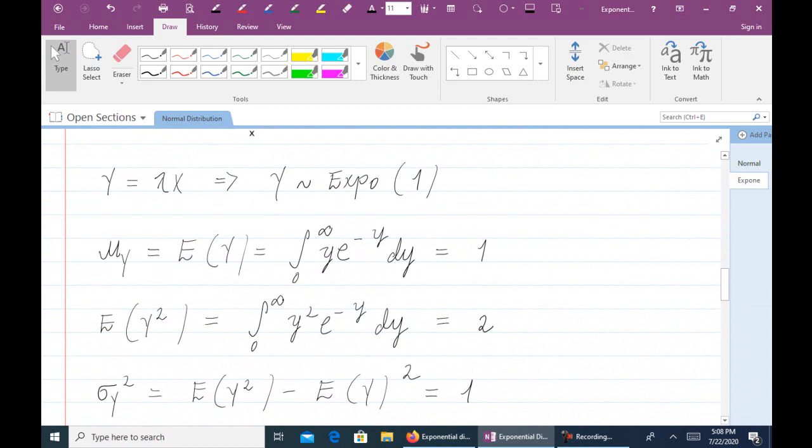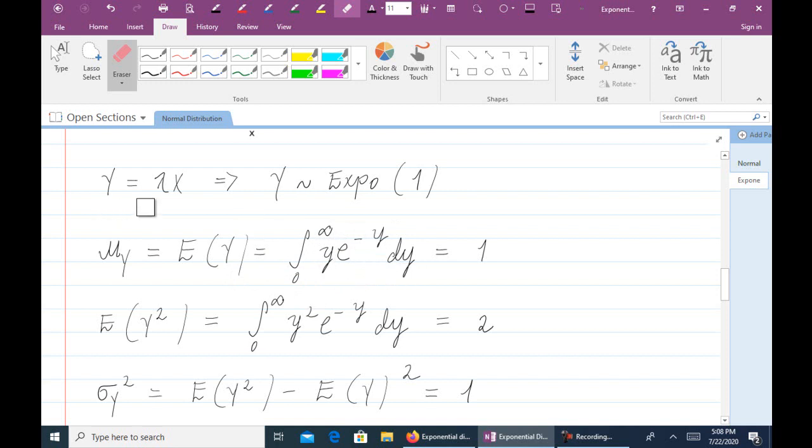If X has exponential distribution with parameter lambda, then if I take Y to be lambda times X, one can easily check that Y has exponential distribution with the parameter 1. So let's find the mean and variance of Y first. The mean of Y, or the expected value of Y, would be the integral from 0 to infinity of y times e to the minus y dy.